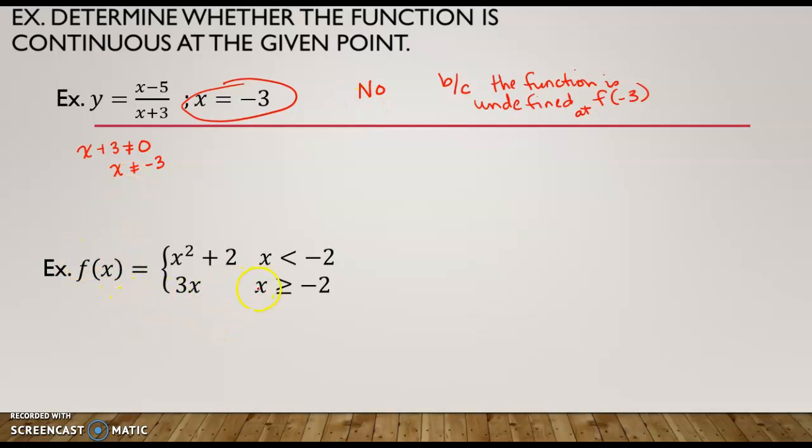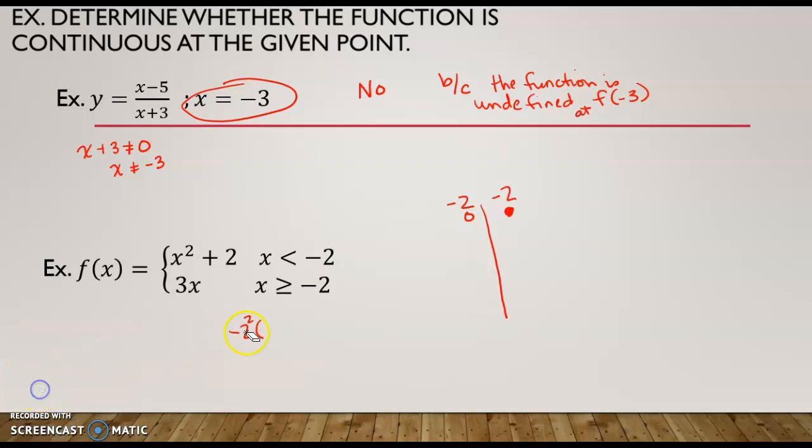Determine whether the function is continuous at this given point. Negative 2. Oh, forgot to write that. At x equals negative 2, you've got two sides, but it's two sides of the fence, just like when we were doing our piecewise. This side of the fence is 0. This side of the fence is colored in. So I've got negative 2 squared.